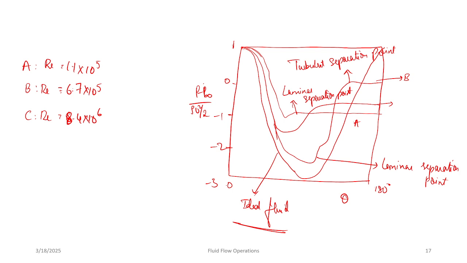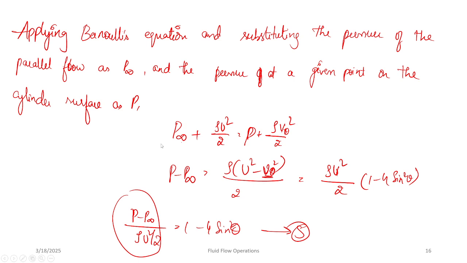But as we are using ideal flow, this is contrary to the real situation, and that is what is called a paradox.